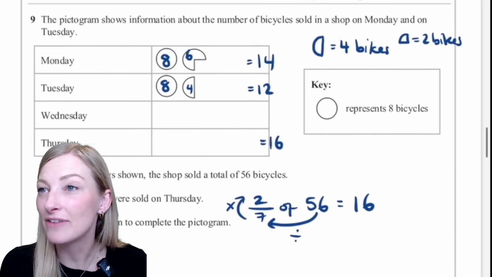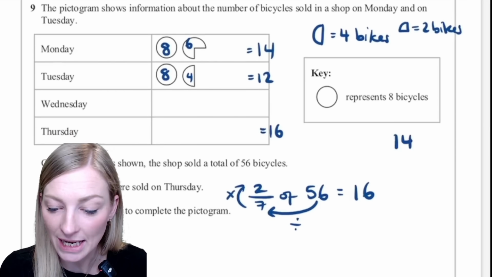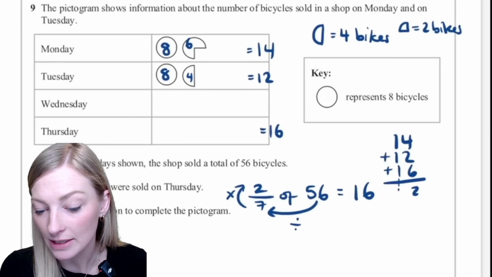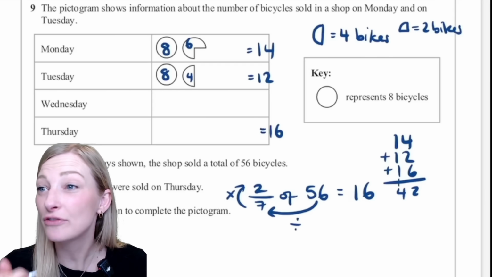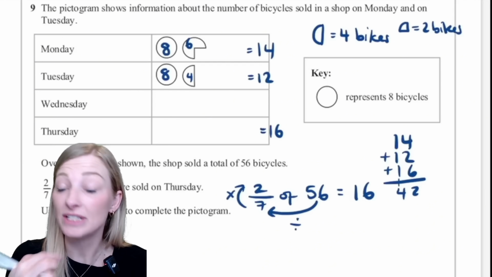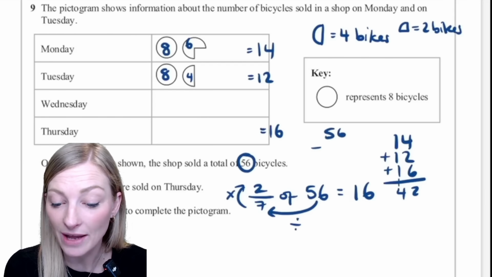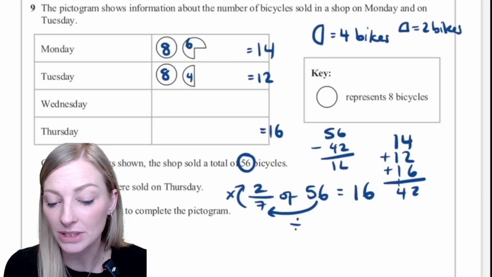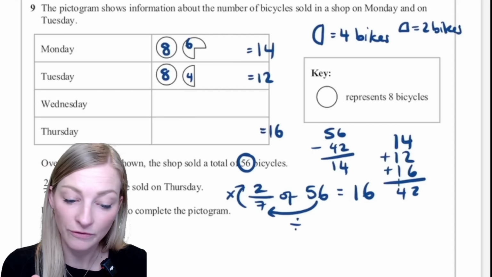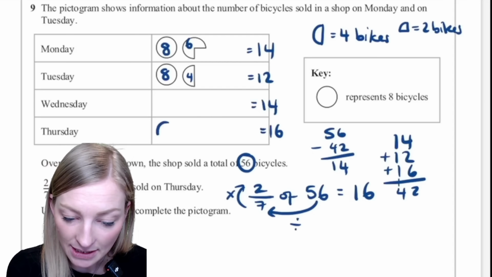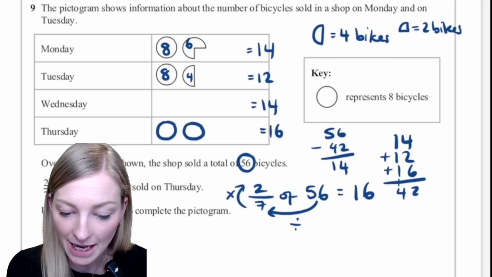Let's add together the values that we've got so far. So 14, add 12, add 16. That is 42. And then I'm left with the rest. So I know that 56 bicycles were sold in total. 56, take away 42, leaves me with 14. So I then need to draw 14 on Wednesday and draw 16 on Thursday. 16 is okay, that's just 2 full circles, 8 and 8.